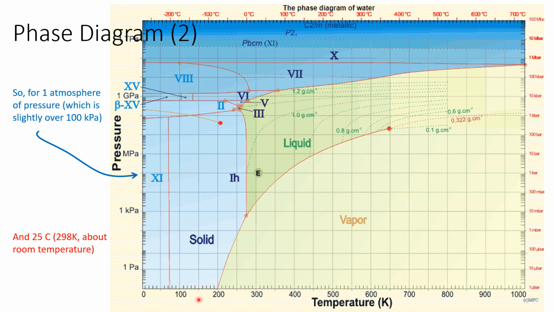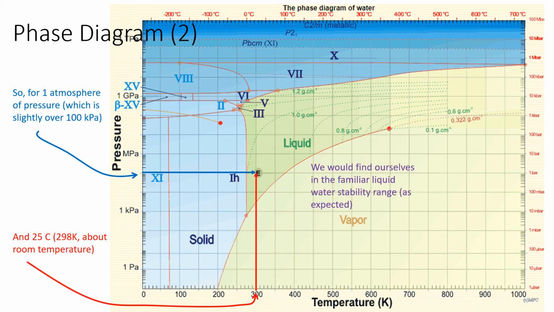So let's say 25 C, that's about room temperature, right? This is in K, so we'll have to add, so it's going to be about 300. So at about 300 K and about 100,000 pascals, we would encounter liquid water. Well, that's fair. We would expect liquid water at room temperature conditions. And that's what we would find.